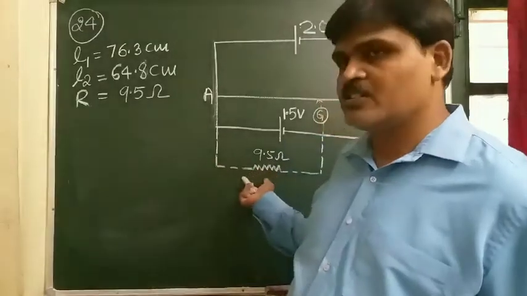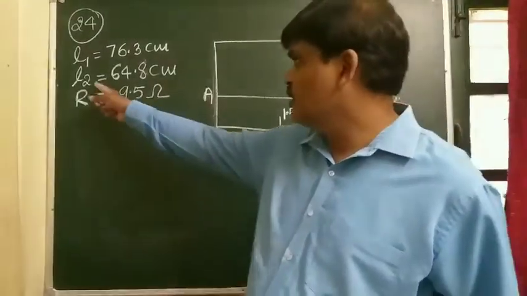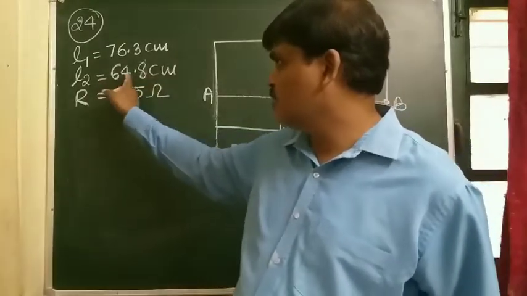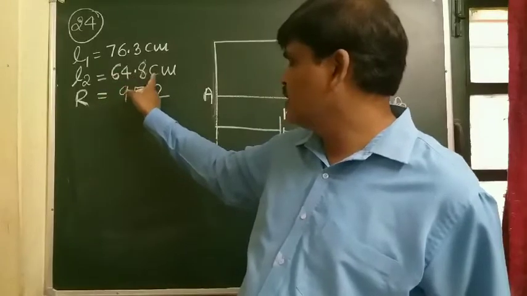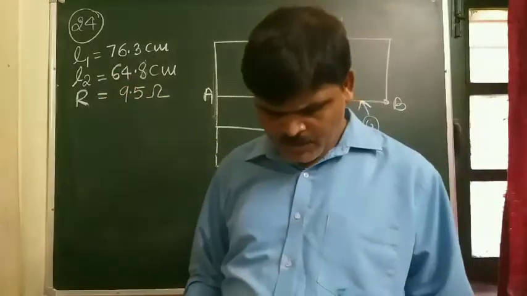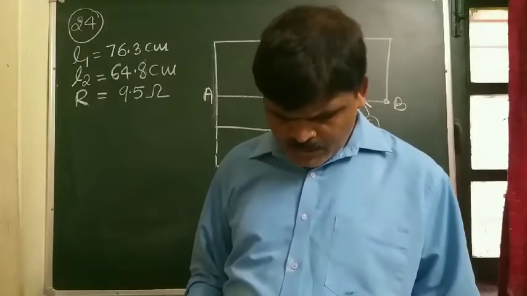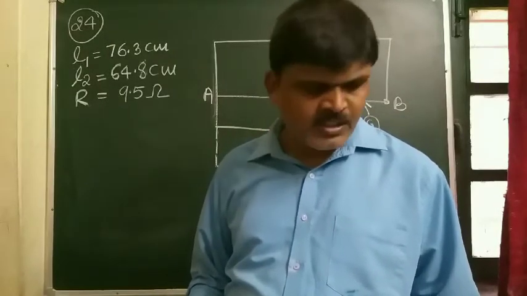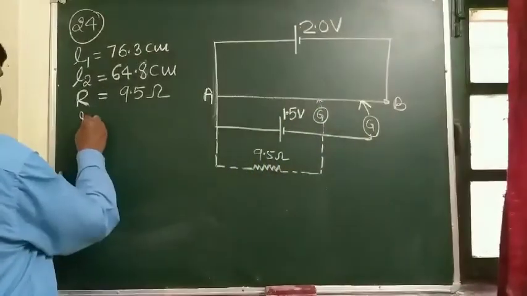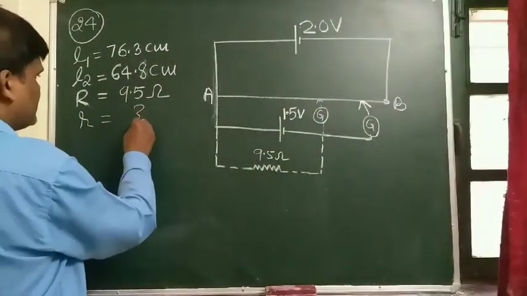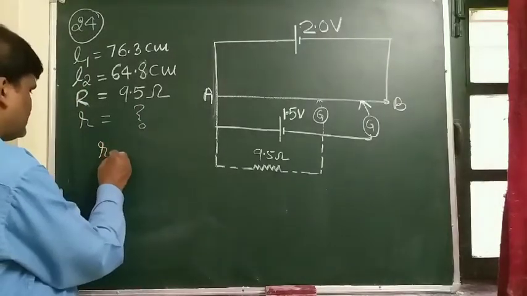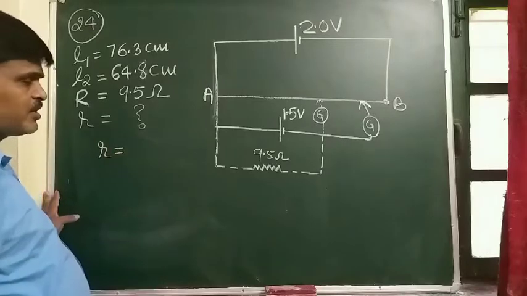So L2 is 64.8 centimeter, and external resistance R is equal to 9.5 ohm. Determine the internal resistance of the cell. So this is a formula based question, and we have to find the internal resistance of the cell.